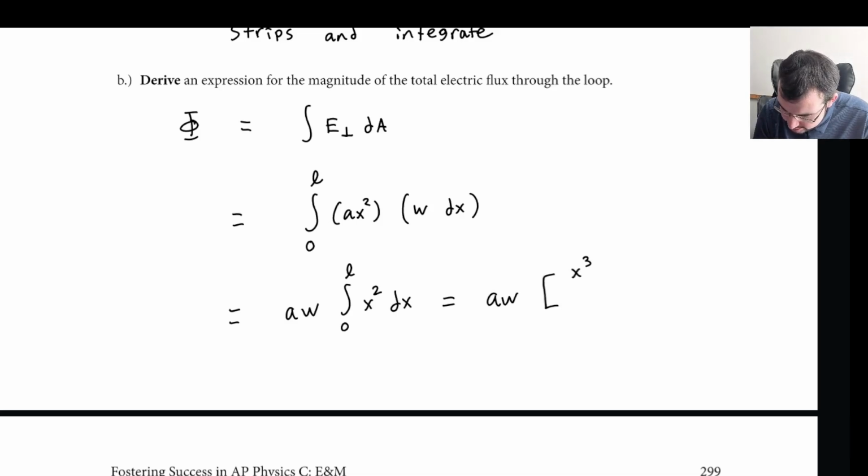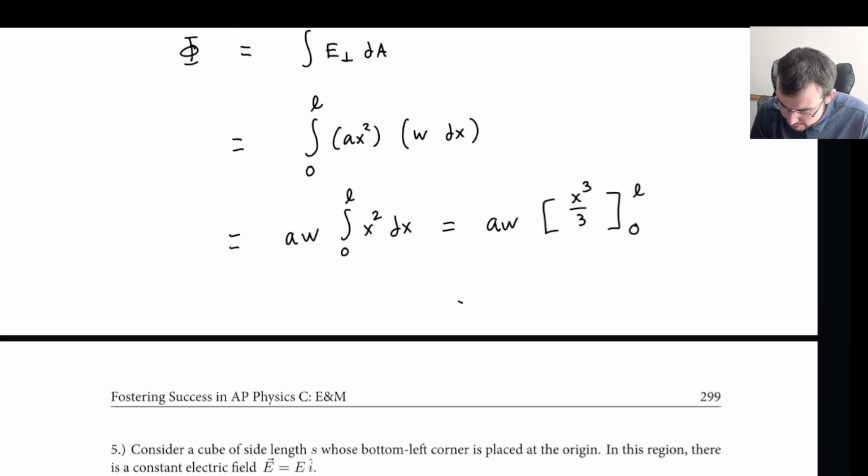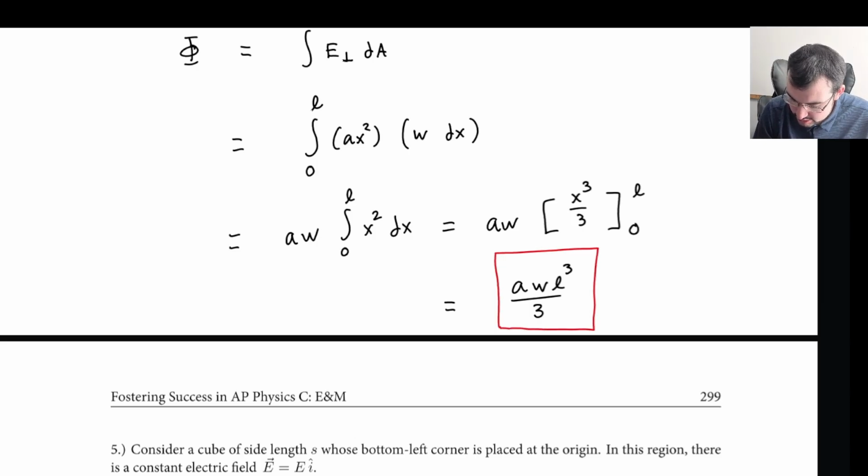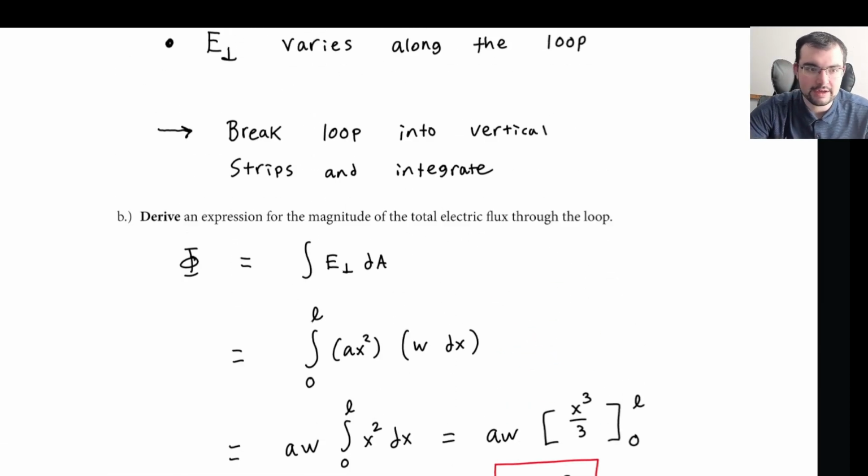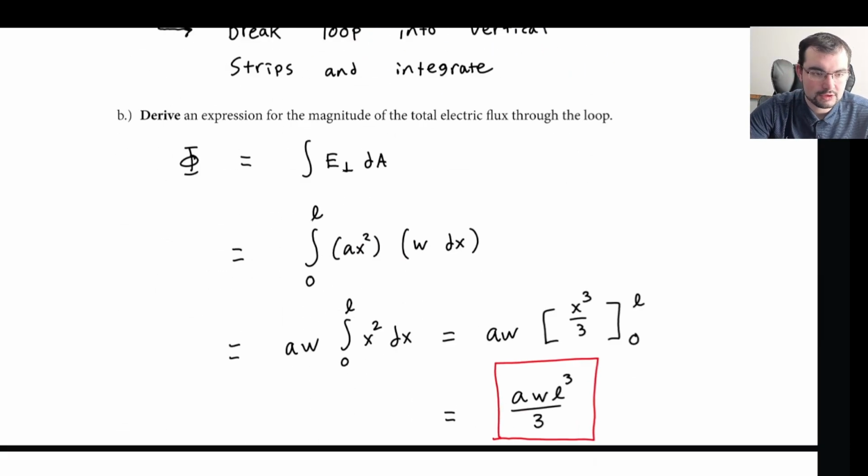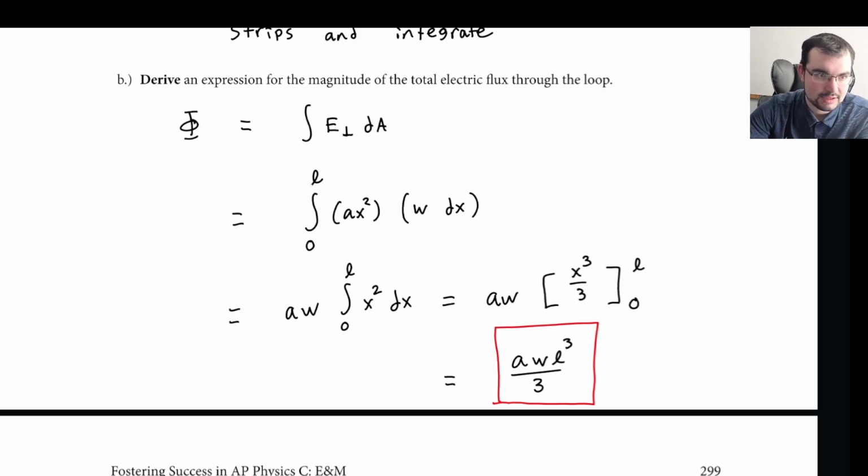So this is x cubed divided by 3. And then we work that out. And since it starts at x equals 0, we don't have to deal with that lower limit. So we get AWL cubed over 3. And again, this is just an open surface, so it doesn't really matter what sign we use.